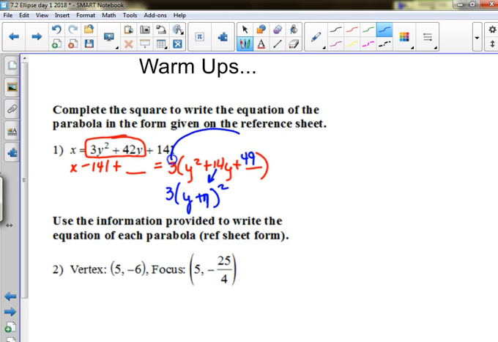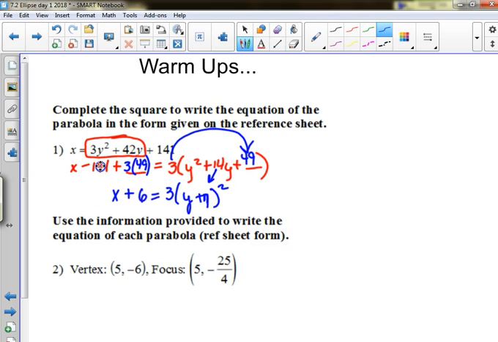But we put what there? 3 49s, right? So what we add over here has to be 3 49s, which will become x plus, let's see, 49 times 3, 4, 7, 6 maybe?